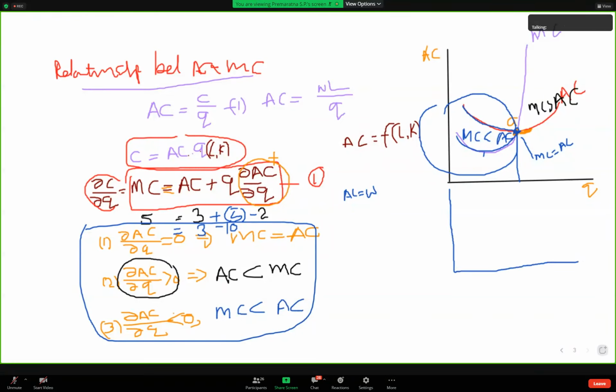if I draw that to the other side, new slide, is the production curve, average production curve. If you remember, you get the shape like this, average production curve.